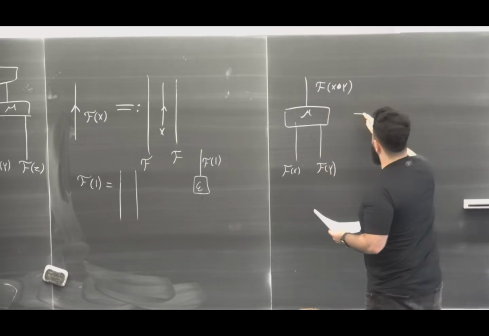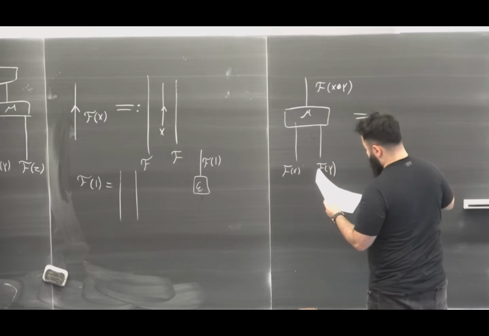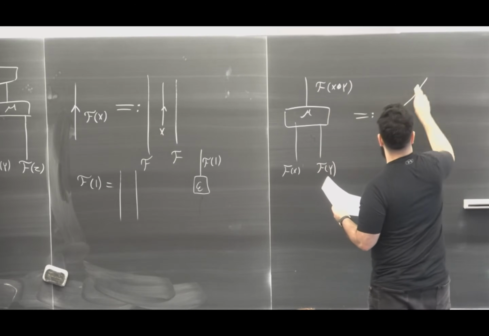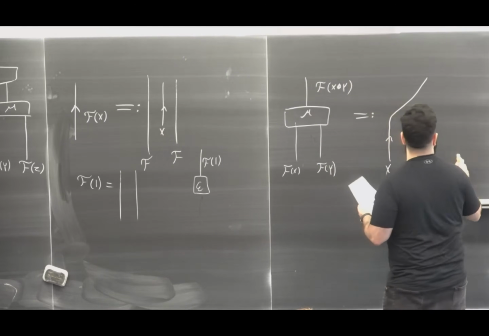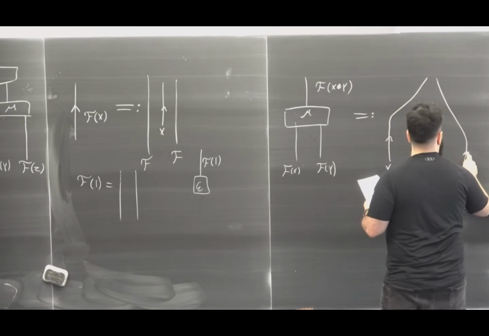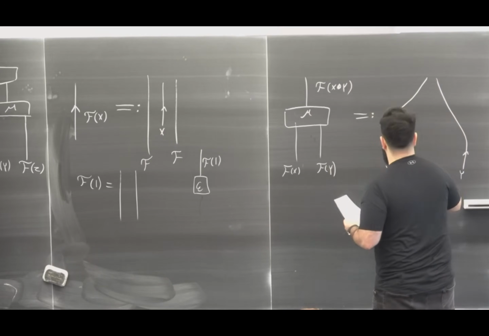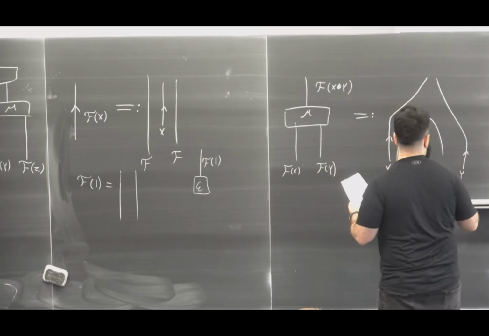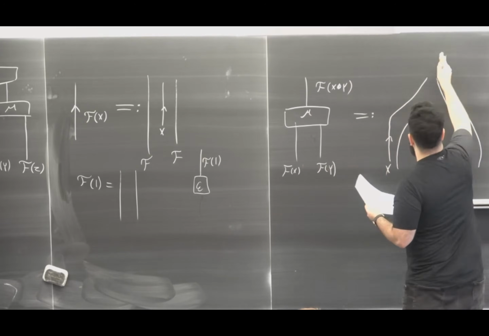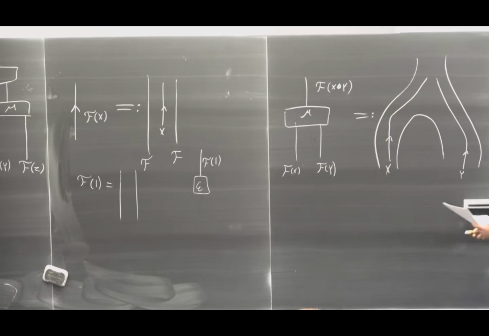If I draw this diagrammatically, this is x, this is y, and what it'll look like is this. So I define that to be that. It's just new notation that should seem intuitive.